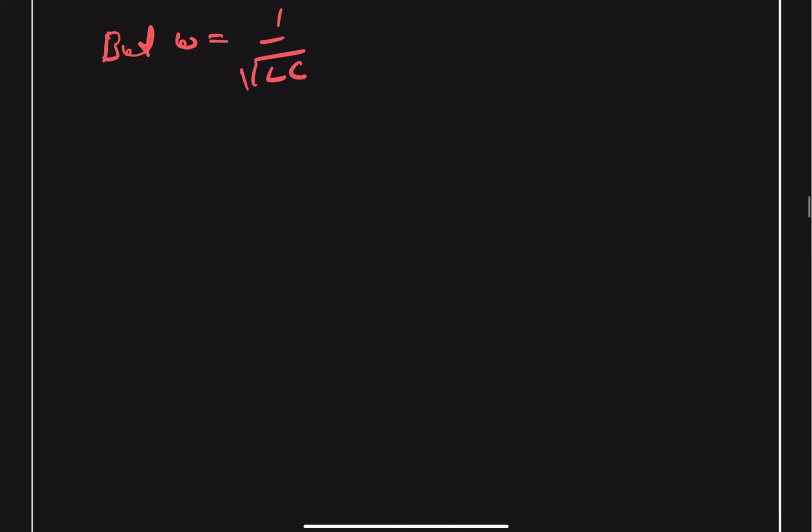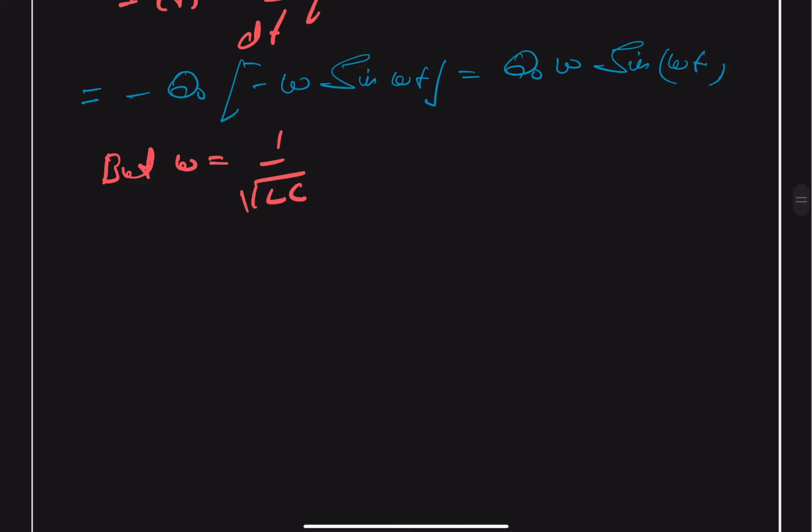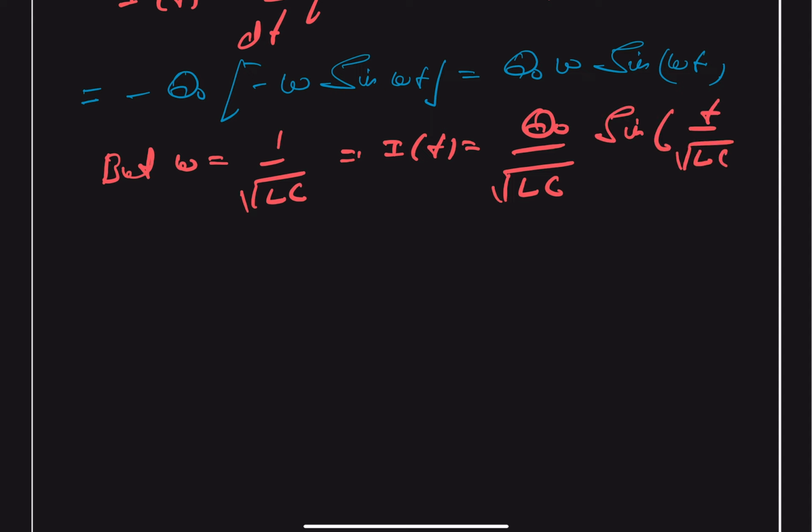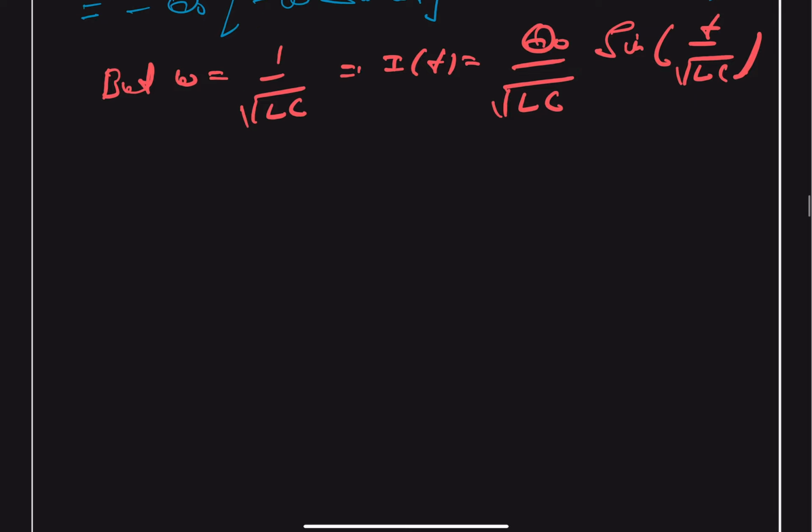Therefore, our current I of t is equal to q naught upon square root of LC times sine of t upon square root of LC. And we know that q naught is CV.